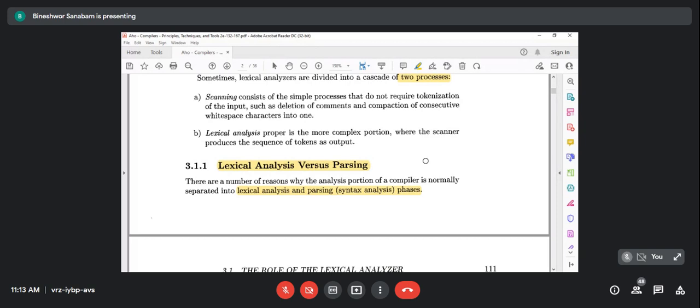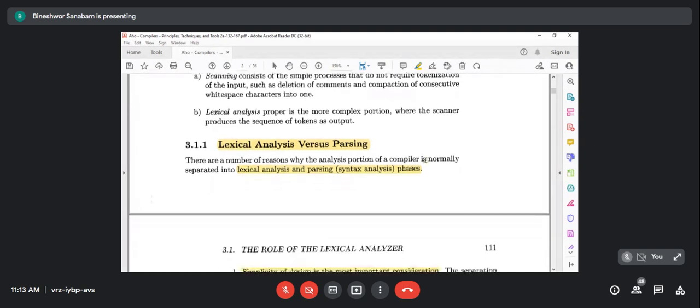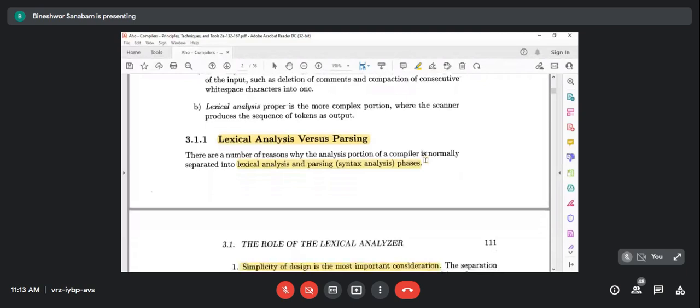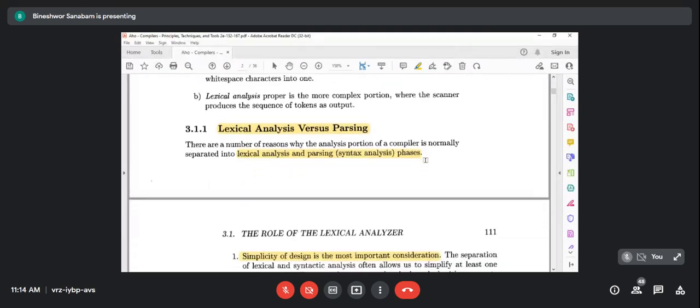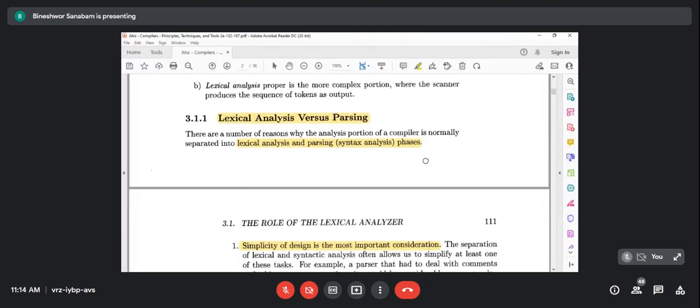So the question is, can we combine these two phases into one? The answer is simple: to make it simpler, we divide this into different phases, that is lexical analysis and syntax analysis. They work coordinately, and the reasons for being separate phases are over here.